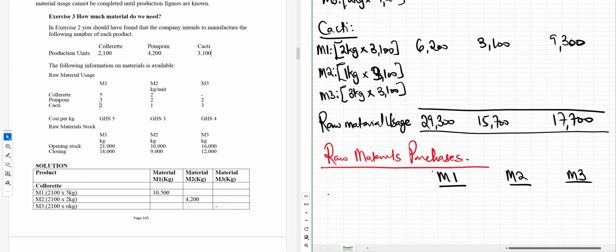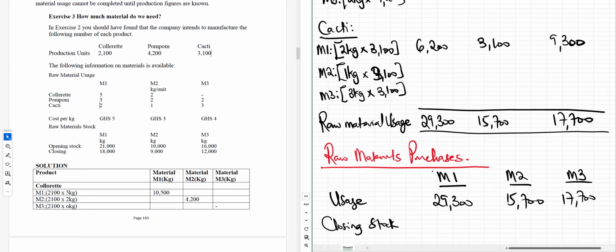So in that case, our usage was what? 29.3, 15.7, and then 17.7, not so? Then what are we going to do? We are going to add closing stock of raw materials. Was there closing stock of raw material?